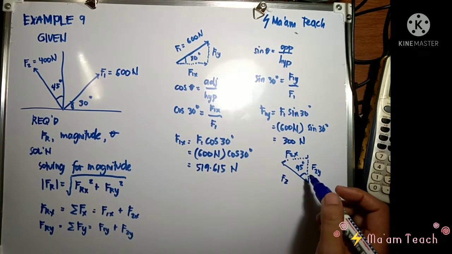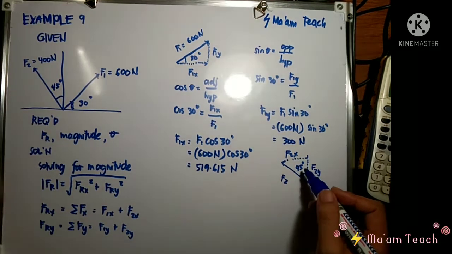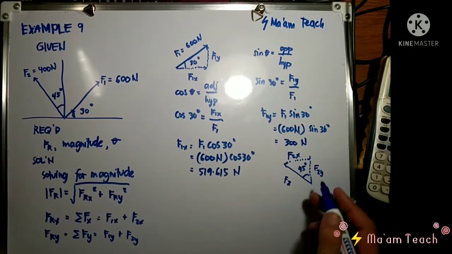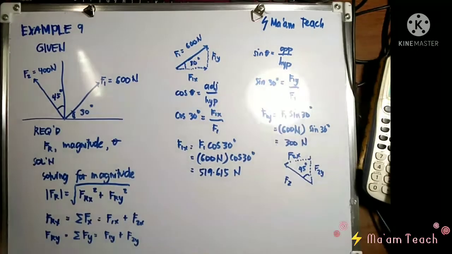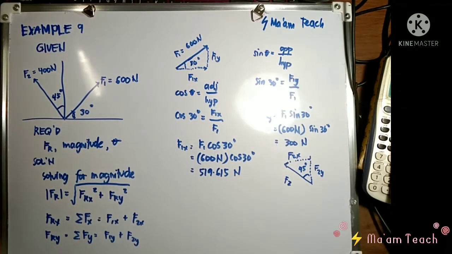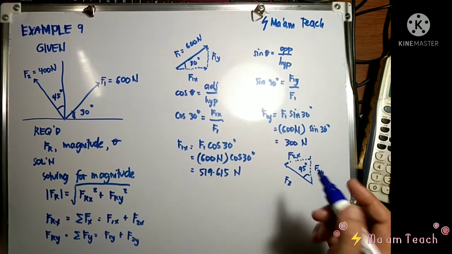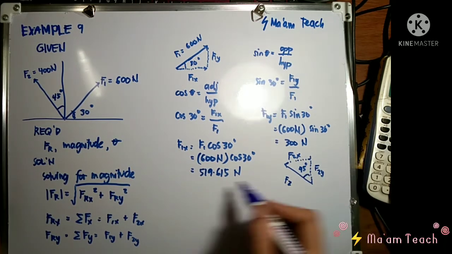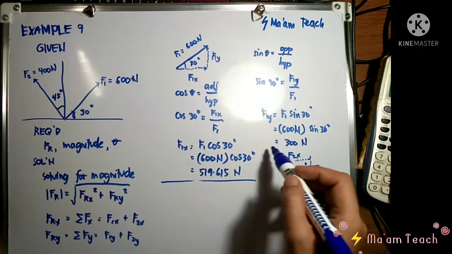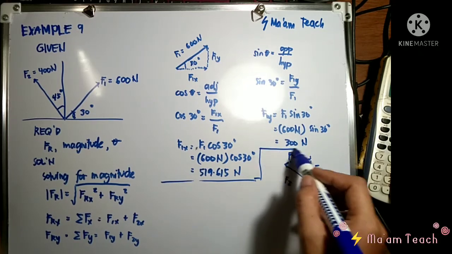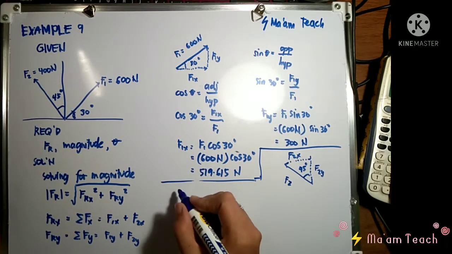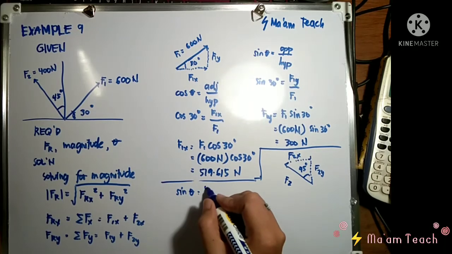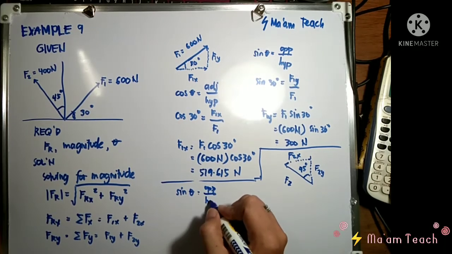Based from the given angle, how are we going to determine the x component? The x component is opposite the angle, so we will be using sine theta, opposite over hypotenuse.